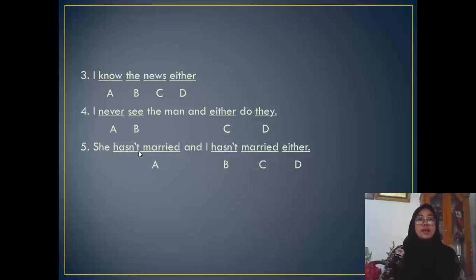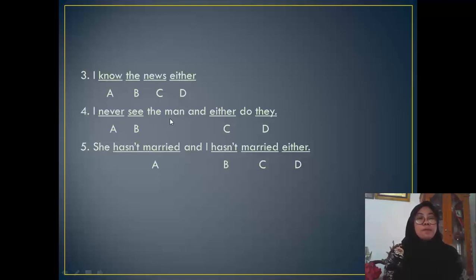The answer is either, because there is no negative sentence here. This is positive, so the word either must be omitted or skipped. Because here it is a positive sentence, the answer is D.